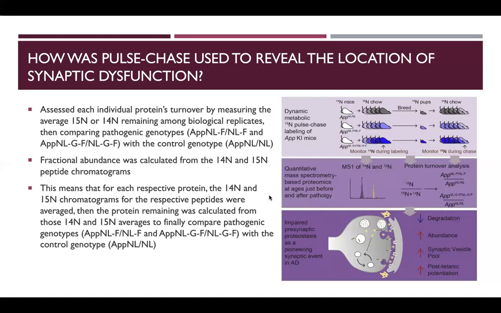So for each protein, the nitrogen-14 and nitrogen-15 chromatograms for the peptides were averaged, and the protein remaining was calculated from those averages to compare the genotypes. On the second part, right below where it shows the mice and the N15 pups, it shows how quantitative mass spectrometry based proteomics was used to do this protein turnover analysis.